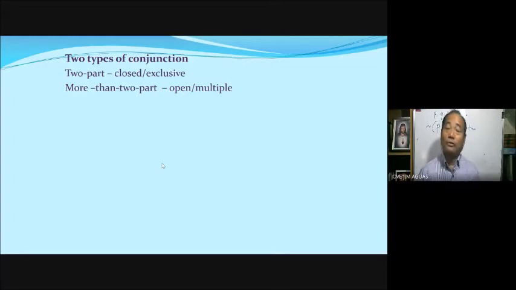So that's a two-part conjunctive. But when you say you cannot study and sleep at the same time, your option is not only limited to the two, studying and sleeping. Because you can play, you can sing, you can do other things. So it's a multiple, it's an open conjunctive.